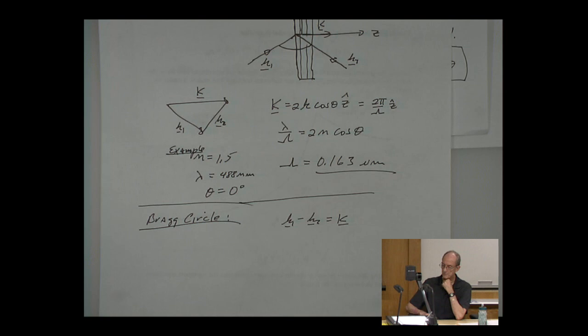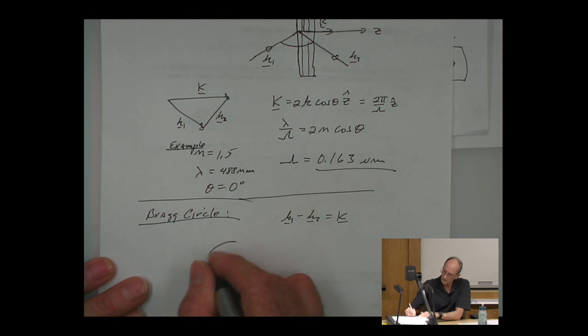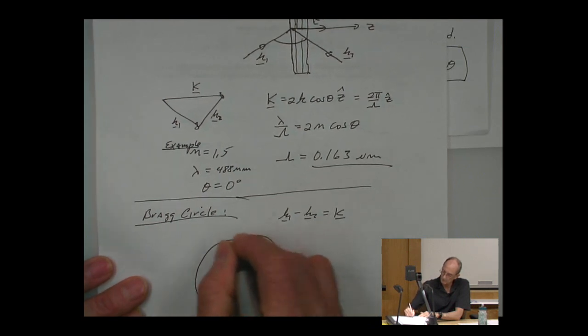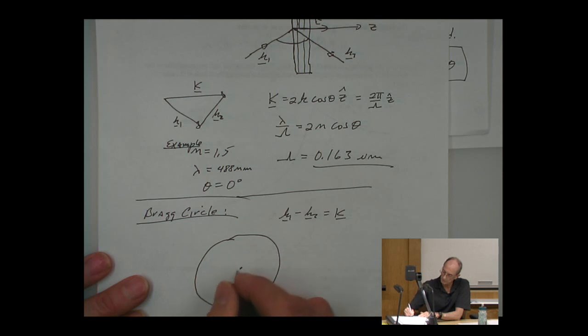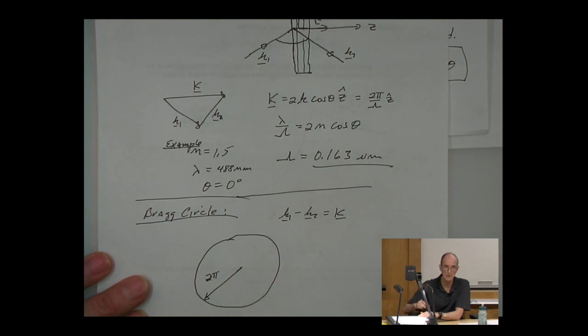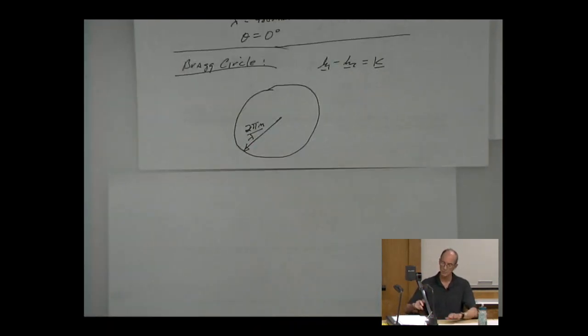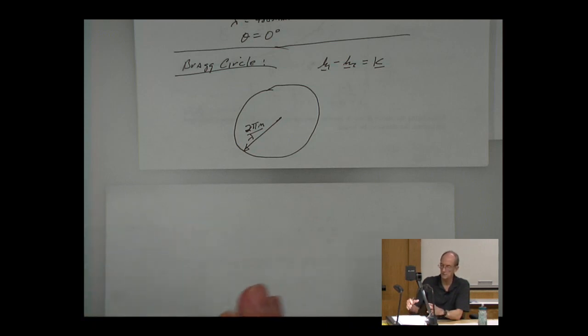In the Bragg circle, the radius of our circle is equal to the magnitude of that propagation vector, 2 pi n over lambda. All right? And so let me draw this on another page here. The actual Bragg circle is a circle that circumscribes the grating vector or k-vector closure relation.